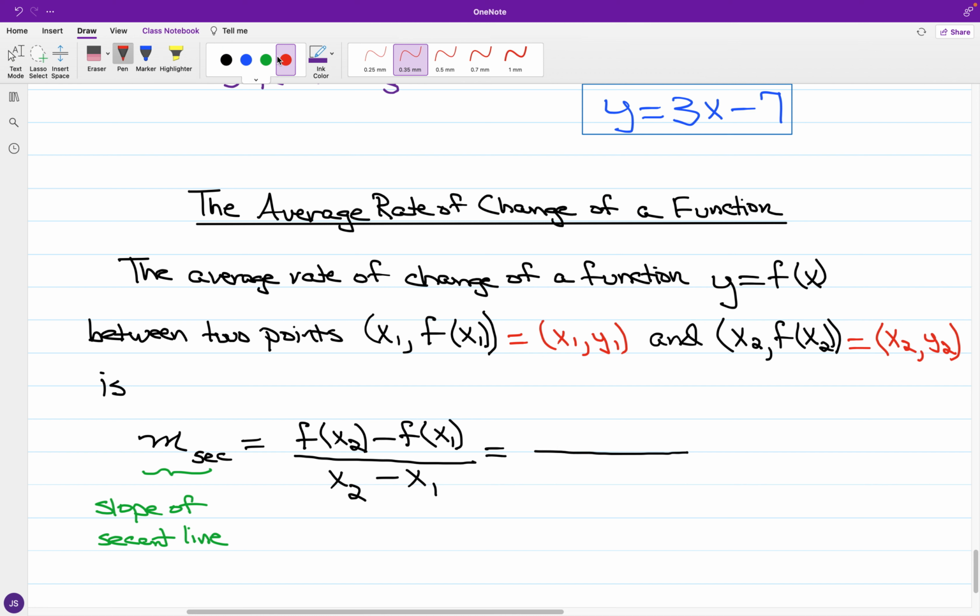But again, just in terms of our common terminology, okay, you're still looking at y2 minus y1 over x2 minus x1. And again, whereupon you have the x1 and x2 cannot equal each other. Okay, so we're not interested in the secant line being a vertical line.